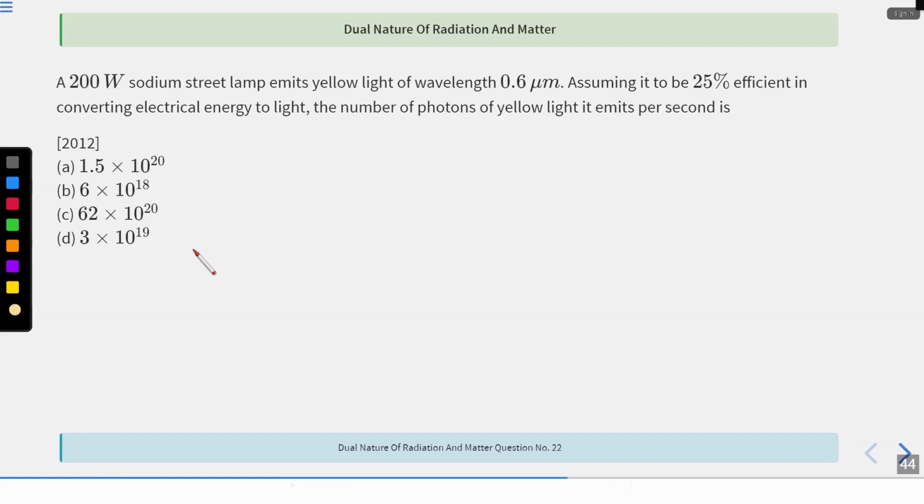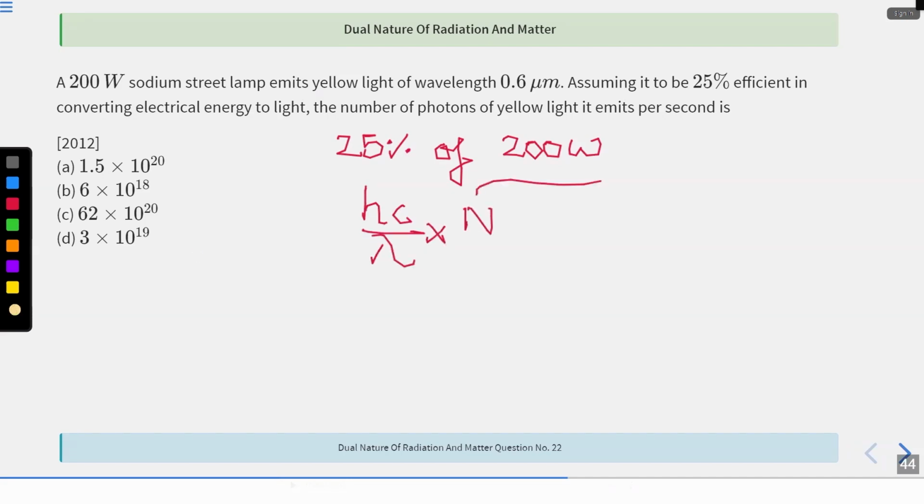Okay, so we have been given that there's just 25% of 200 watt that is being converted into the light of yellow color. So we can write this as hc by lambda into n. N is nothing but the number of photons of yellow light.